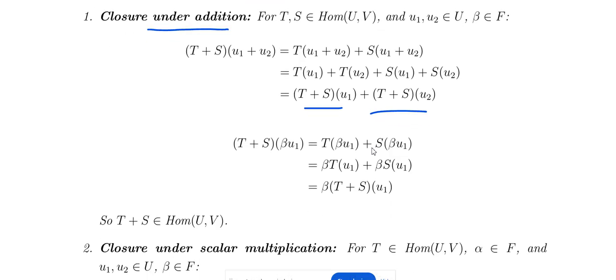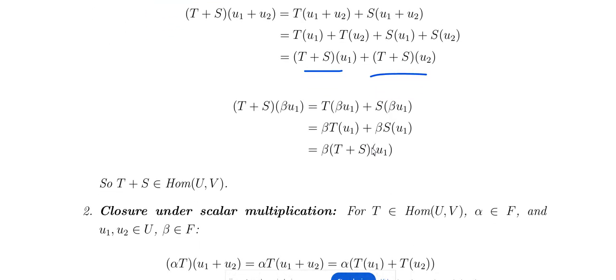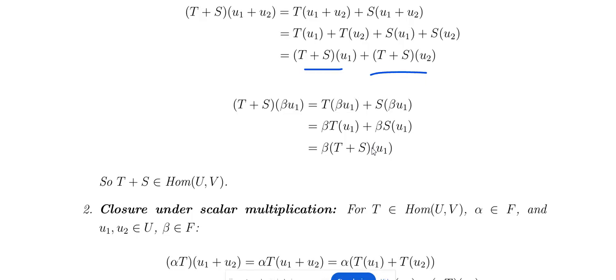So (T plus S) of (beta u1) equals T of (beta u1) plus S of (beta u1), that is the scalar multiplication, beta times T of u1 plus beta times S of u1, so beta times (T plus S) of u1. So T plus S belongs to Hom(U, V), because of the homomorphism definition, addition and scalar multiplication. That is the homomorphism definition, and closure under scalar multiplication.